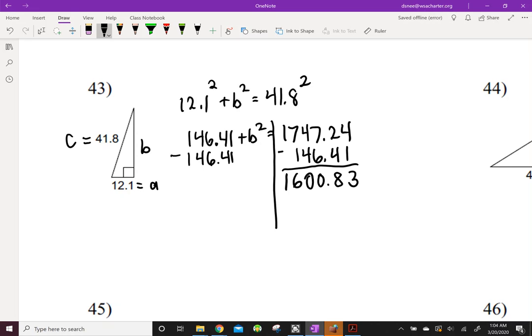That is correct. And now I need the square root of 1,600.83. And that's going to be 40.01 or 40.0, or just call it 40, after I take the square root of both of these values.